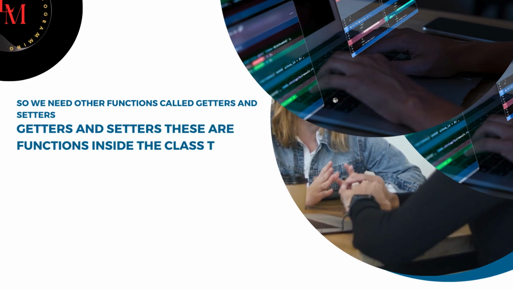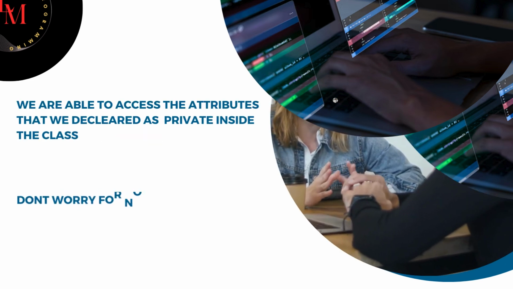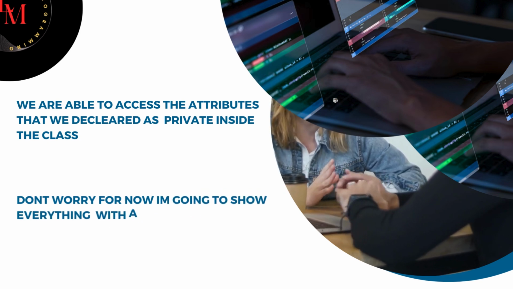These are functions that are declared public inside the class, and since we declared them as public, we are able to access them outside the class, and with the help of them we are able to have access to the attributes that we declared private inside the class.